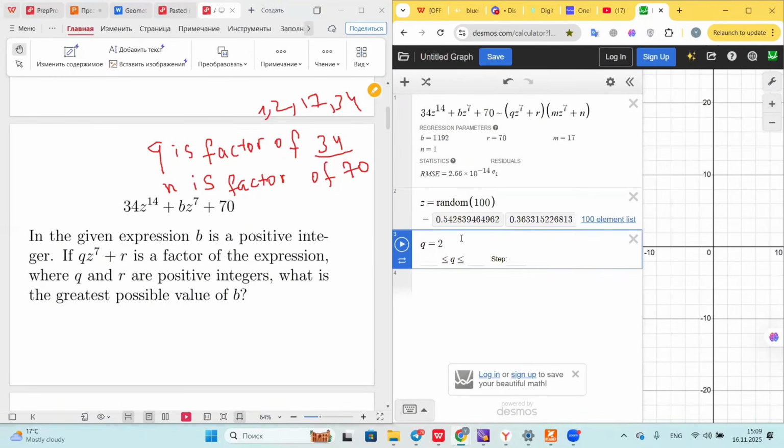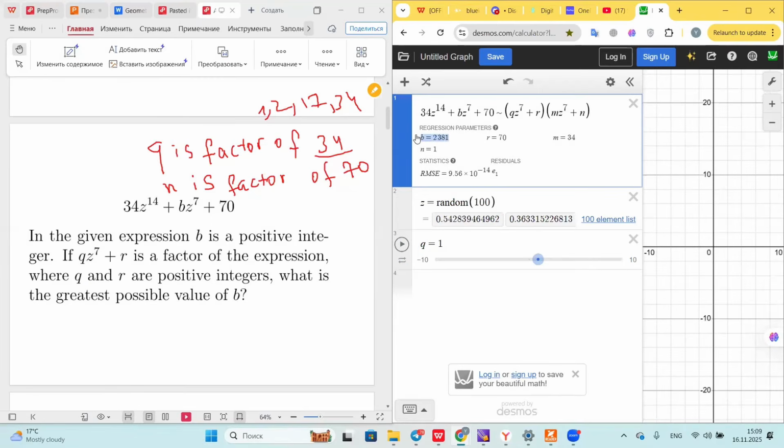You can see now everything is an integer, everything works. q can be 17, b decreases. q can be 34, a very big number, it decreases a lot. In this case, you already saw that when q equals 1, b becomes the maximum value. That's why the maximum value of b will be this value.